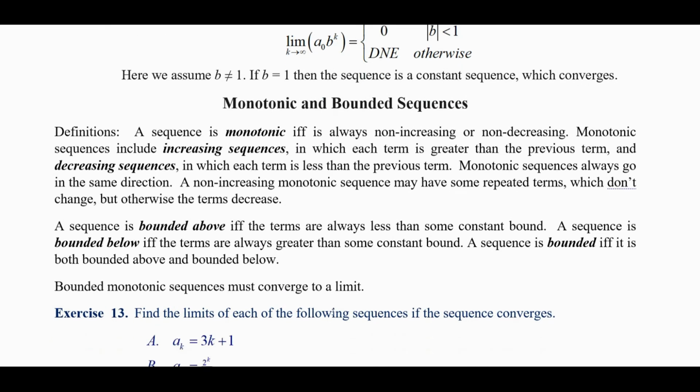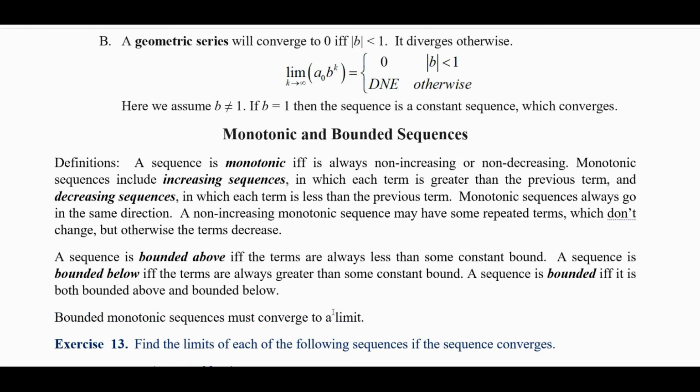Okay, let's introduce a couple of terms here. A sequence is monotonic if and only if it is always non-increasing or non-decreasing. Monotonic sequences include increasing sequences in which each term is greater than the previous term, and also they could include decreasing sequences in which each term is less than the previous term.